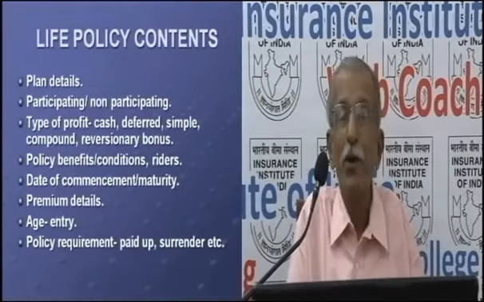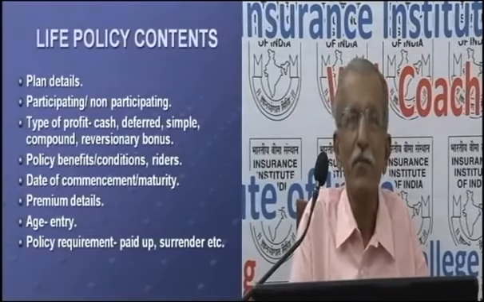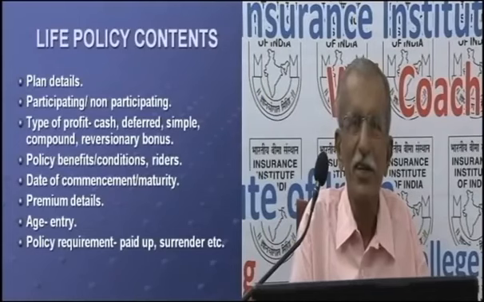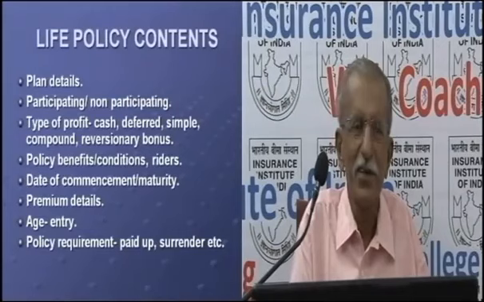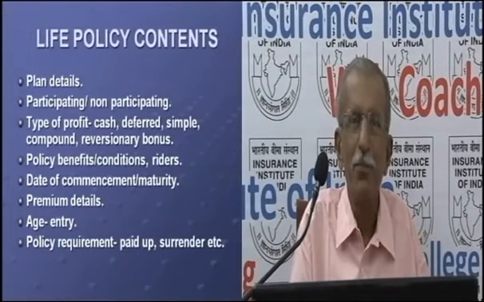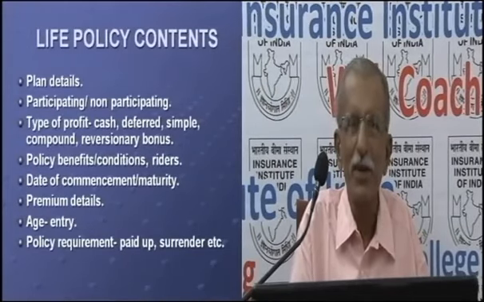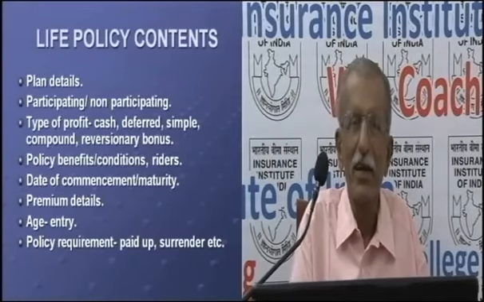Now what should any policy of insurance contain? First, a life insurance policy. It should contain the details about the plan, what type of plan is given, whether it is participating or non-participating, whether part of the profit will be paid as bonus or no bonus will be paid.